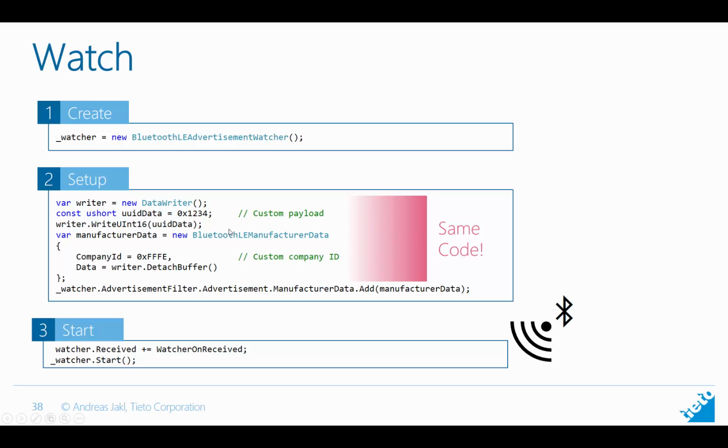So you filter, for example, that you only want to receive advertisements from this company ID using this payload. And then whenever there's a watcher received event, you want to have a callback, and you just start watching for Bluetooth beacons. Almost the same as publishing, it's just the other way around. You just filter what kind of beacons you want to get.